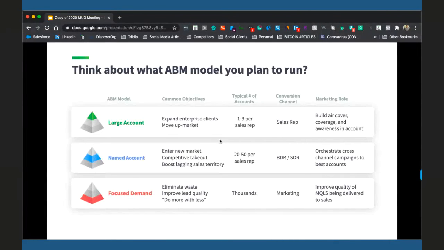And I'll admit, we talk to a lot of people that are just not ready, right? They want to do ABM, and if they do sign on with us, they're typically running focused demand. But I think what people need to start thinking about is, do we have a target account list?